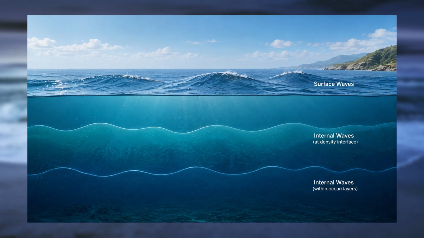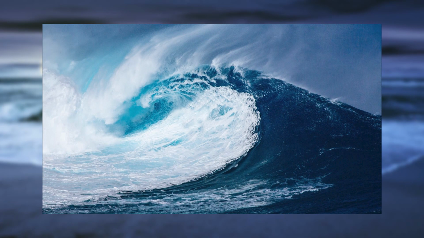Because both air and seawater behave as fluids, wave motion can occur at their interface as well as within the ocean interior. Ocean waves vary widely in size and energy, ranging from small ripples on calm water to extremely large and destructive waves, such as tsunamis.